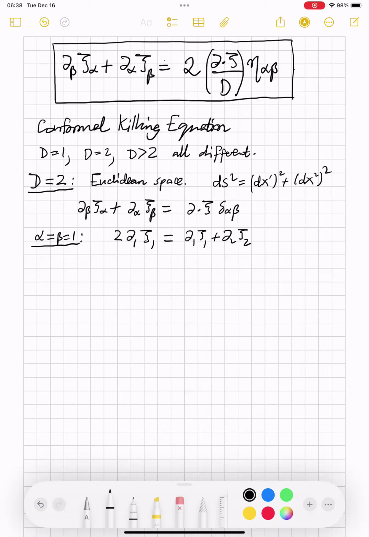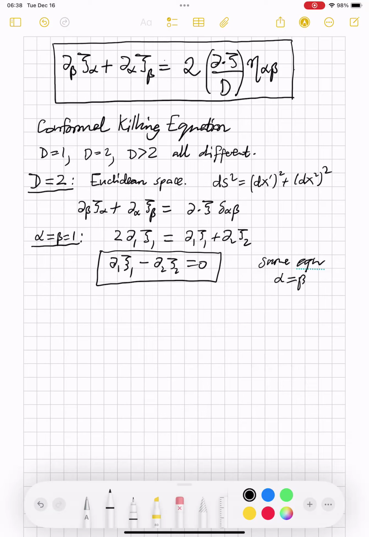So bringing everything over to one side, we learn that ∂_1 ζ_1 minus ∂_2 ζ_2 is equal to 0. So this is the first equation that we get. You get exactly the same equation if you plug in alpha equal to beta equal to 2, so you should check this.